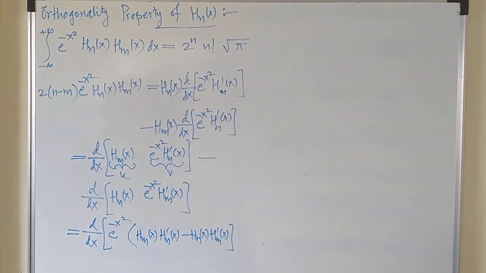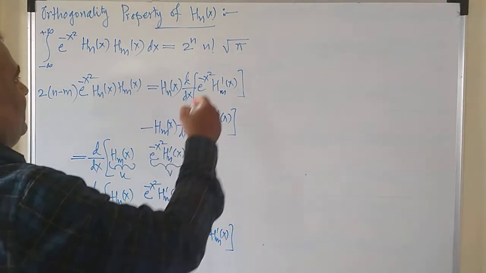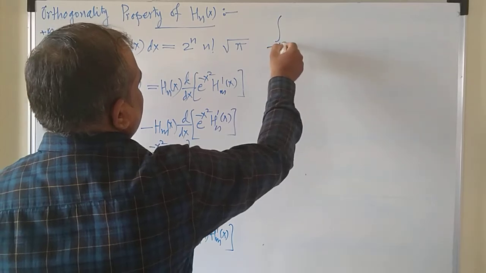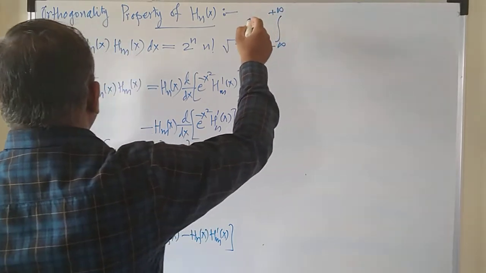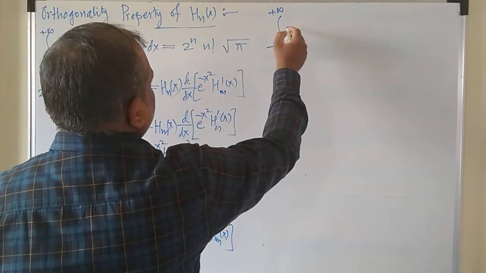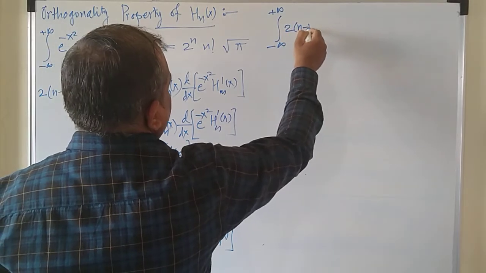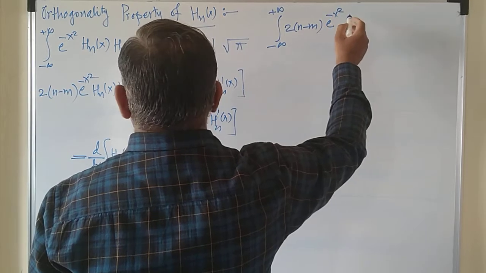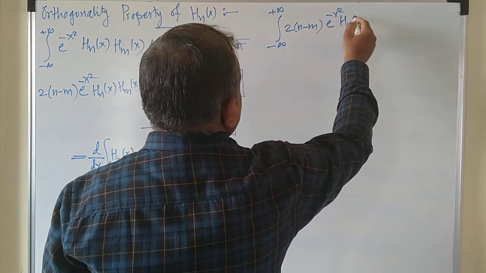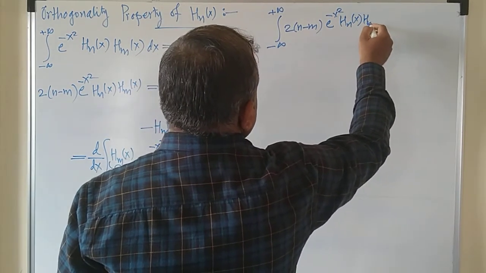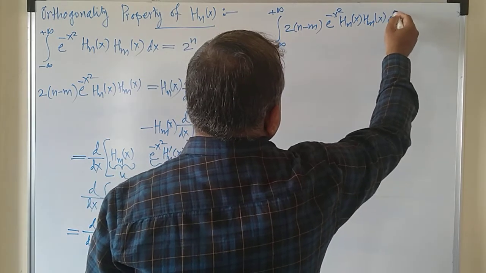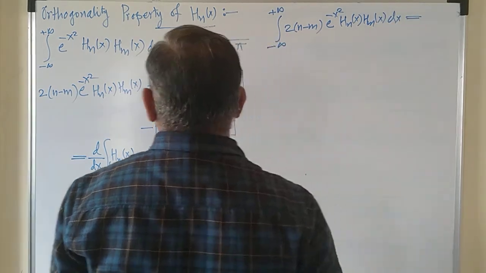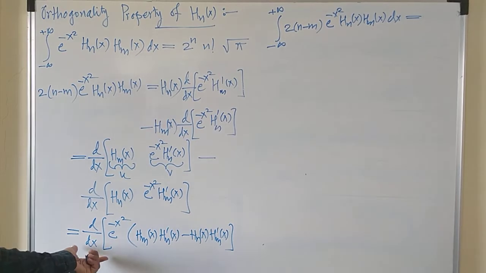This is quite lengthy. So after putting the integration on both sides with limits, integration from minus infinity to plus infinity, 2 times n minus m e raised to minus x square Hn of x into Hm of x into dx, and this is equals to this.